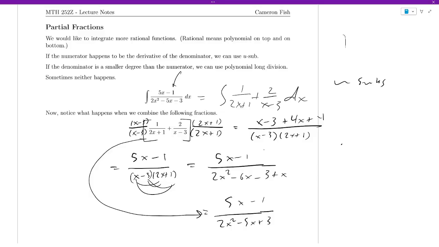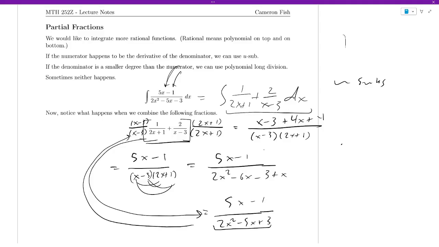So the point is, here I just magically had two fractions that, when I combine them, gave the thing I'm trying to integrate. But if I started with a random thing I want to integrate, and it's possible to go backwards, figure out what those fractions were, the sum of two fractions, then I can just integrate the sum of those fractions.